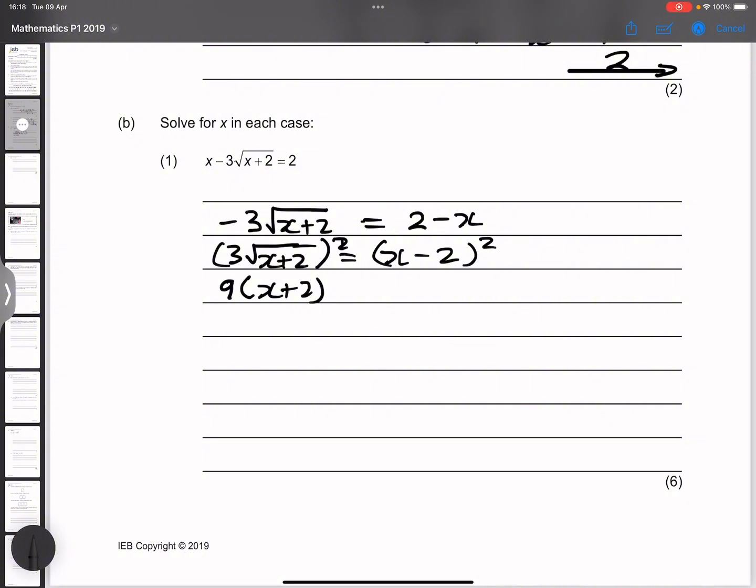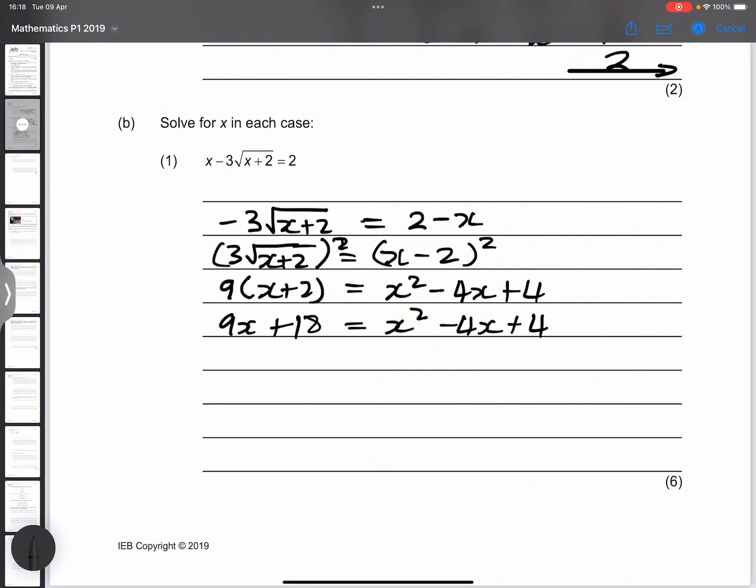On the other side, we're going to have x squared minus 4x plus 4. Let's try and solve as quickly as we can. On this side, you've got 9x plus 18, and this is x squared minus 4x plus 4.